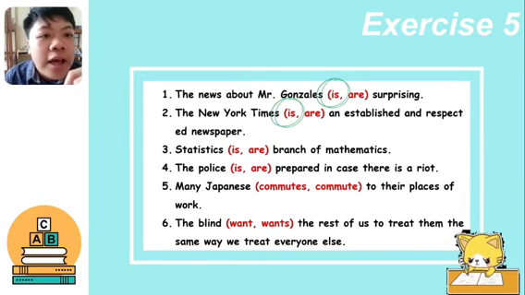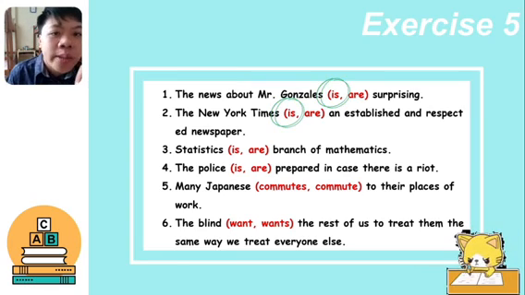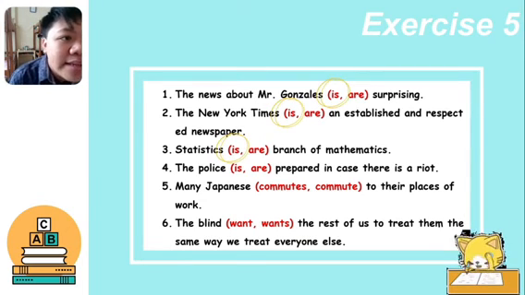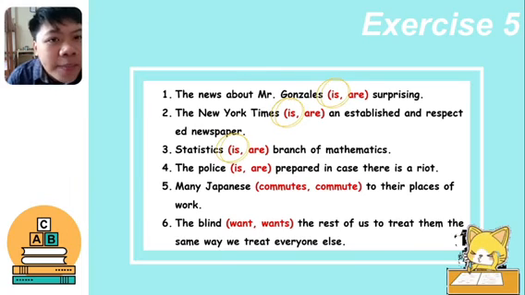Number 3, statistics is or are a branch of mathematics. Don't get confused. Statistics is a field of study, so the answer is singular. The 4th one, the police is or are prepared in case there's a riot. The police is considered plural, that's correct.